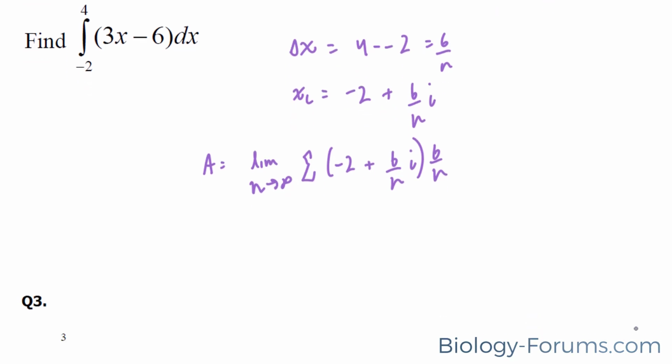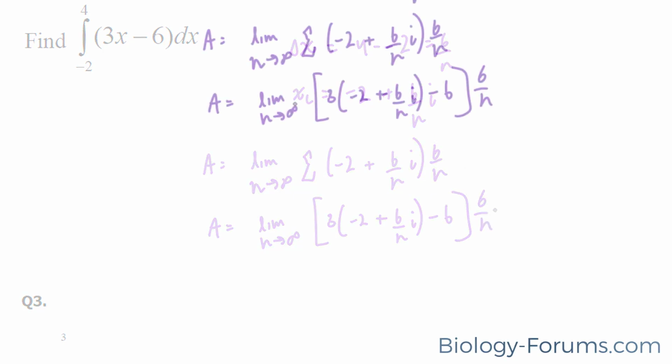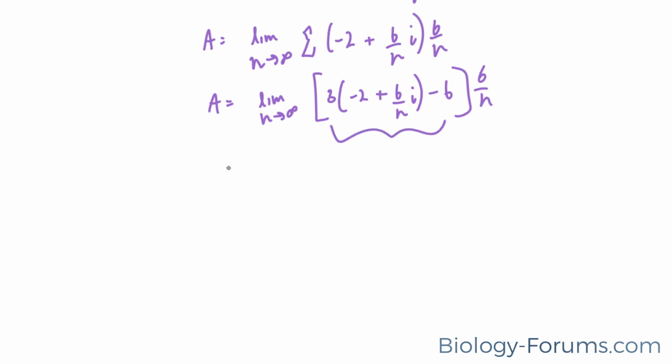If we do that, we end up with the limit as n approaches infinity for 3 times negative 2 plus 6 over ni minus 6. And here we have 6 over n. The next step will be to expand this.